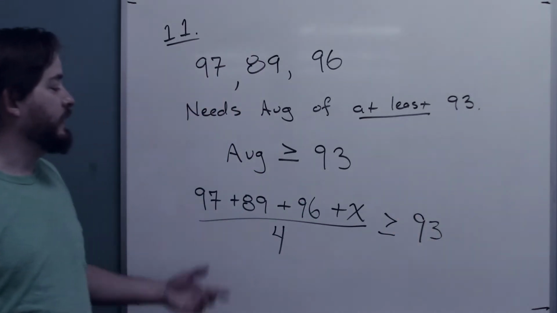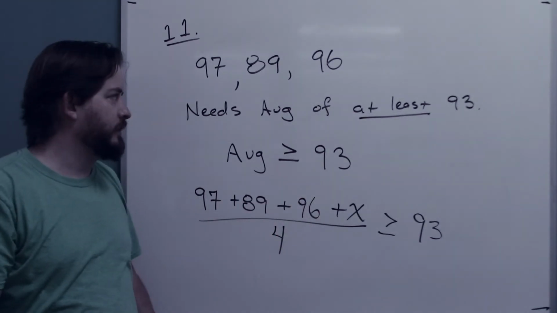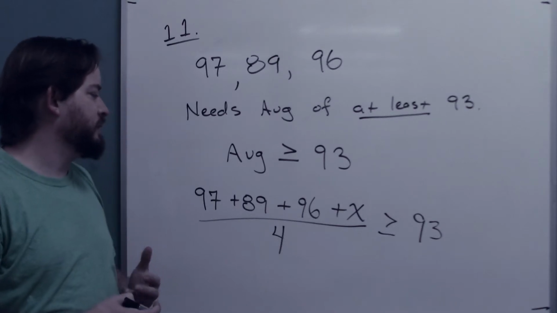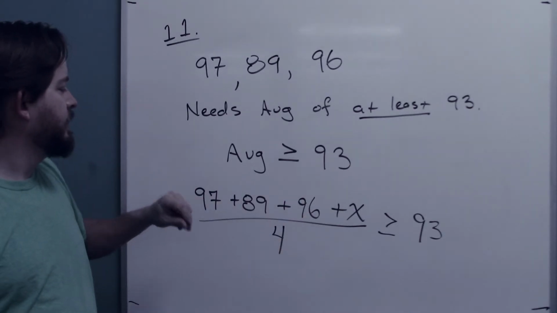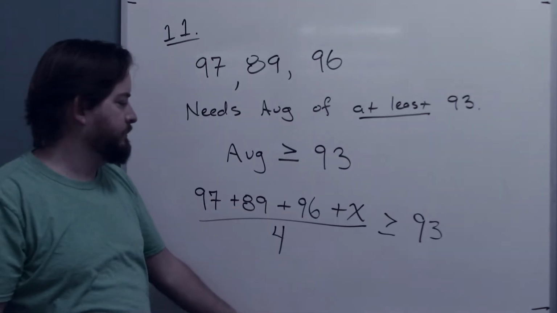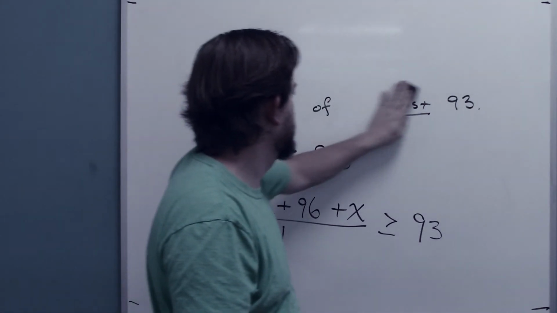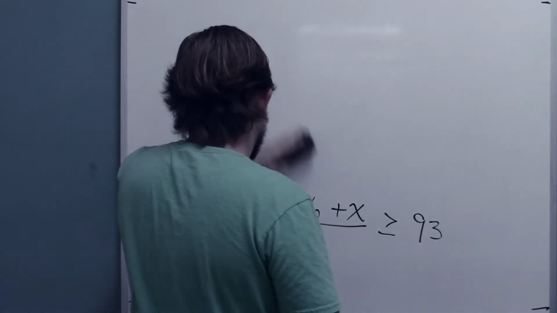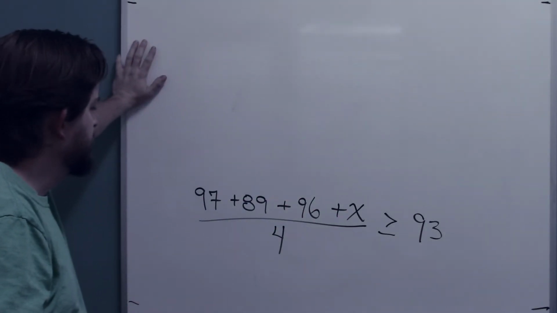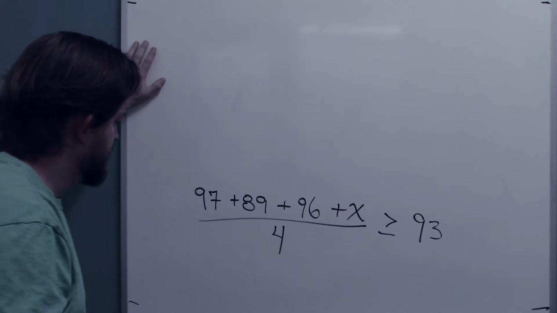Okay? So that's the biggest step here, is to be able to create the average, and then greater than or equal to 93. The next big thing that I see is what to do with this expression, right? Now in the numerator I can add 97, 89, and 96 together, right? So that is 282.